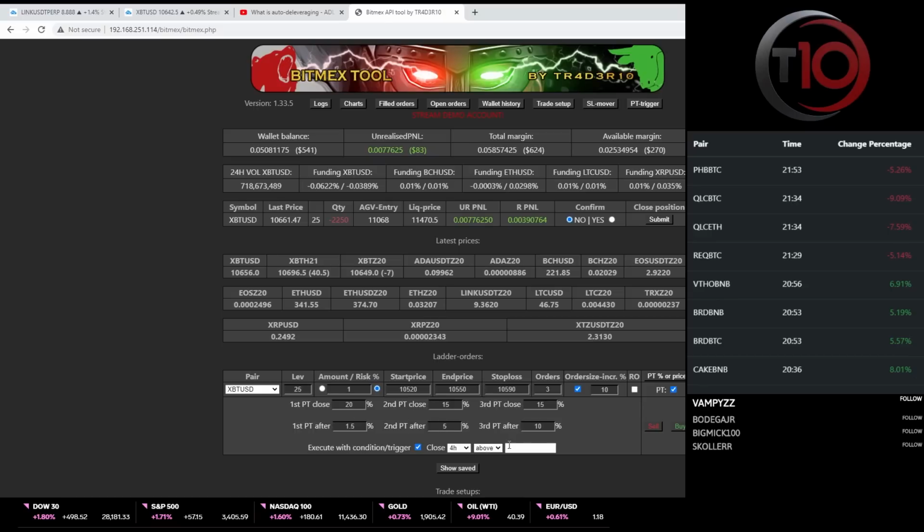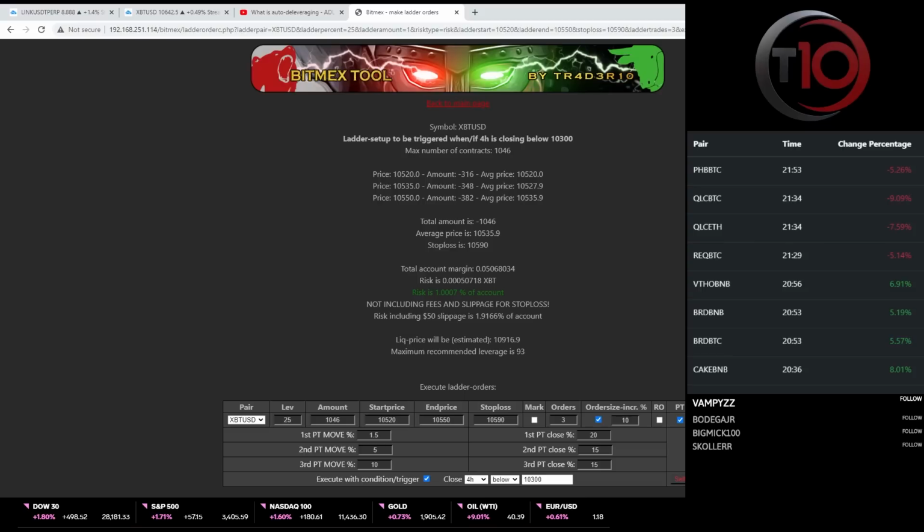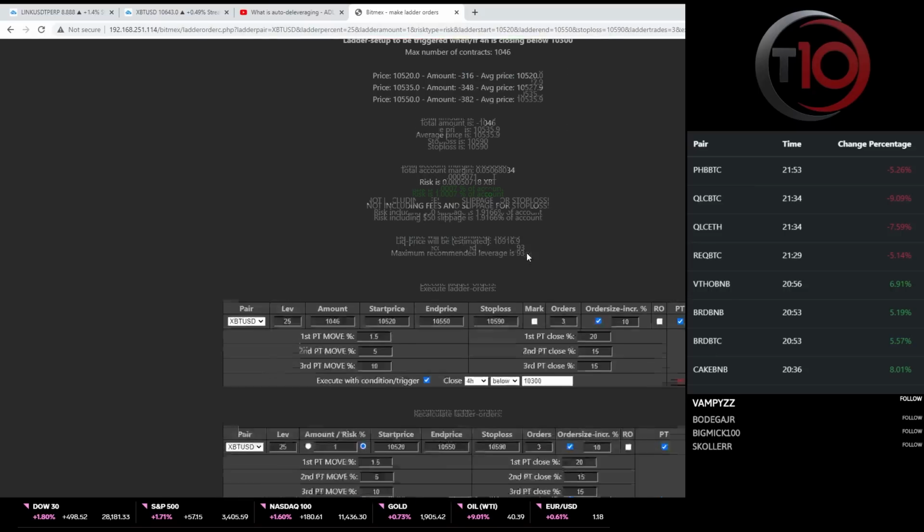If we close the 4 hour below 10,300, let's short this area on a retest. So what will happen? Sell. Yeah, the account is super small, so that's why the order size is so small.